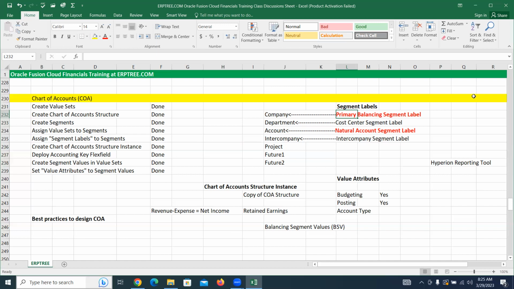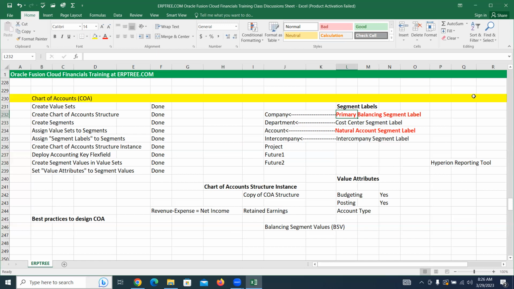When you are teaching somebody how to drive the car, you don't teach that you can go up to 300 speed. You teach them just okay, 80 is safe or max you can go 100 depending on the road condition and so on. We never teach like go 200 speed, 300 also you can go, you can try one time. We never teach that. The same way in the system, you have a secondary balancing segment label, third balancing segment label.